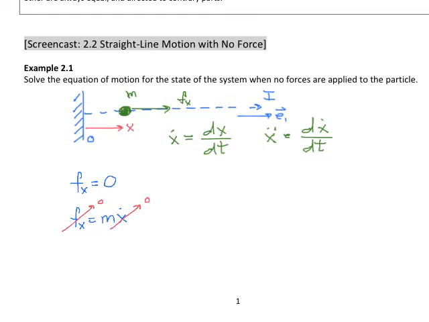Now this isn't a trivial solution, but instead it tells us that x double dot is equal to 0. And you know how to interpret this. This means that the particle is either at rest or it's moving at a constant speed.